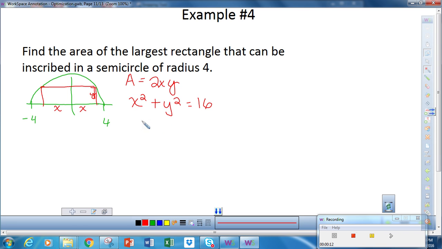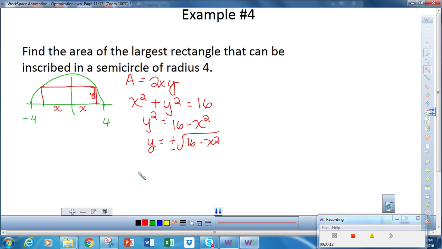So y squared would be 16 minus x squared, or y is equal to plus or minus the radical of 16 minus x squared.